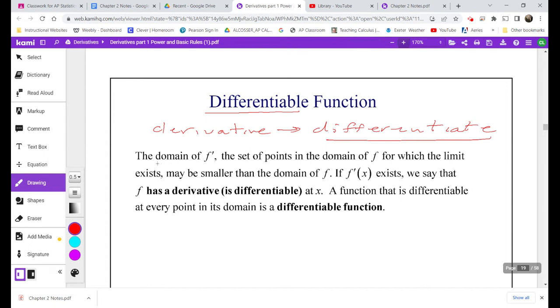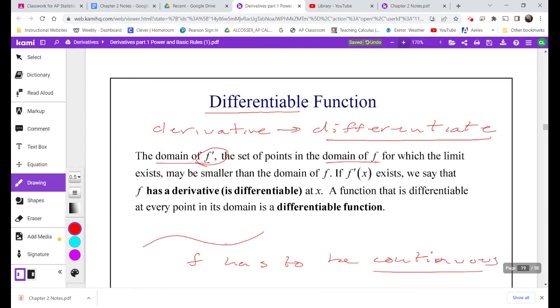We have to follow the domain issues. The domain of f prime has to match the domain of f. In other words, f has to be continuous.